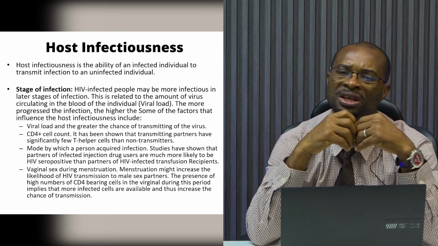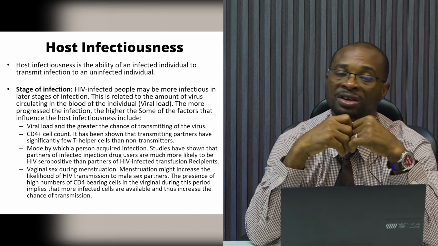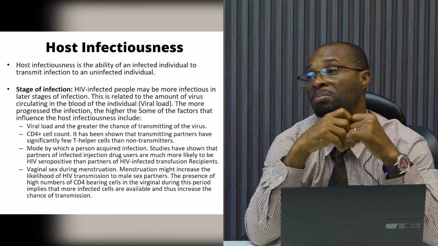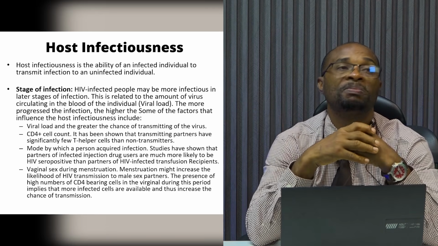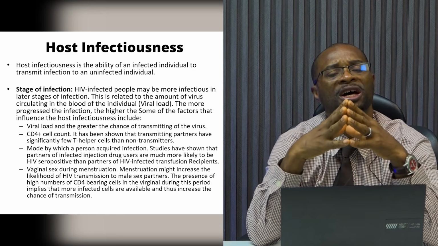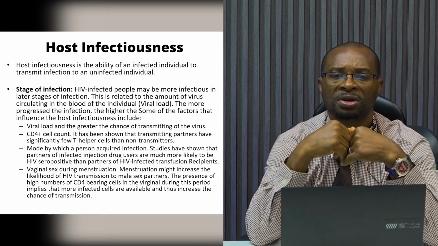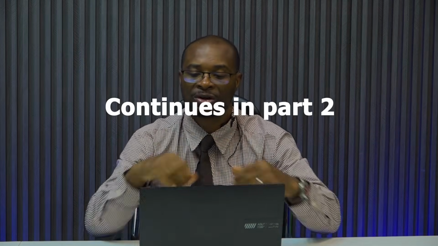Menstruation may increase the likelihood of transmitting HIV to the male sexual partner, because there's a lot of blood around, and the presence of a high number of CD4-bearing cells within the vaginal wall during the period implies that there are more infected cells, and this will increase the chances of transmission.